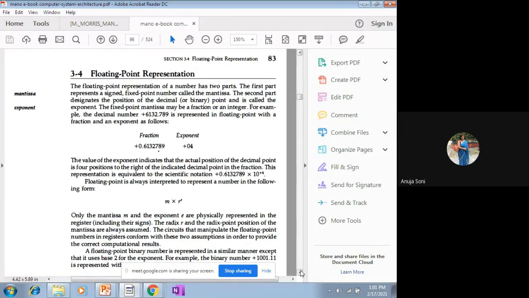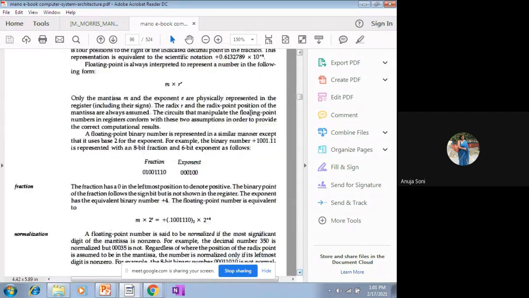Similarly, here is one more example in binary form: plus 1001.11, which you have to express in the form of floating point representation. What do you have to do? You have to write it in this format and float the decimal point to the left hand side.